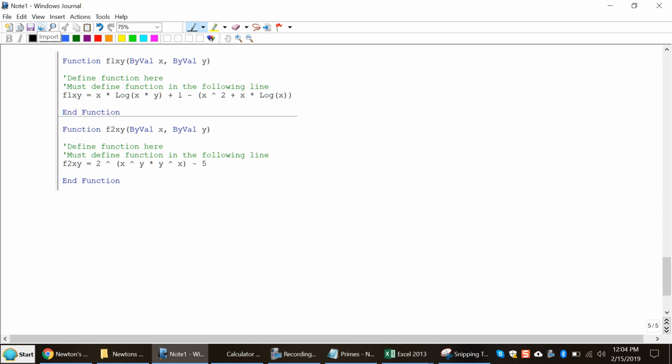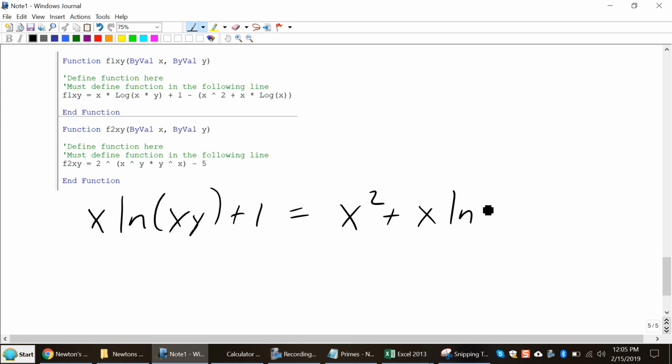So this is what I have: x times the natural log of xy plus 1 is equal to x squared plus x times the natural log of x. Then I have 2 raised to the xy times yx is equal to 5.